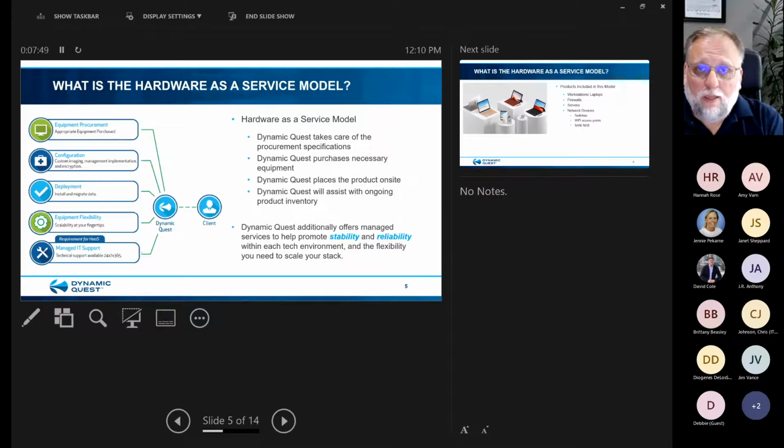For most MSPs, the concept is you want to promote stability and reliability within your client's network. To do that, you have to have hardware that supports that model. Every day we take over environments from clients who are utilizing, in most cases, some very old hardware.